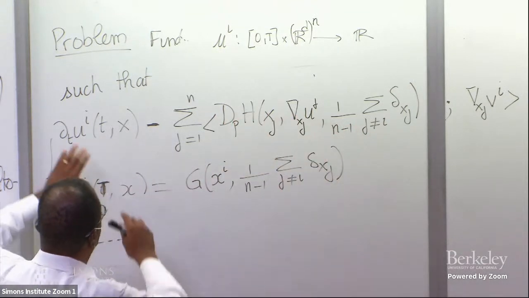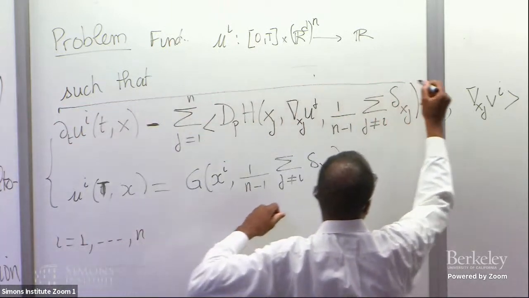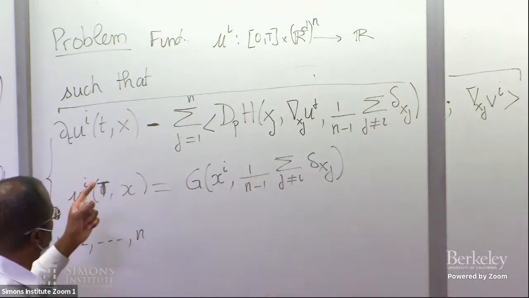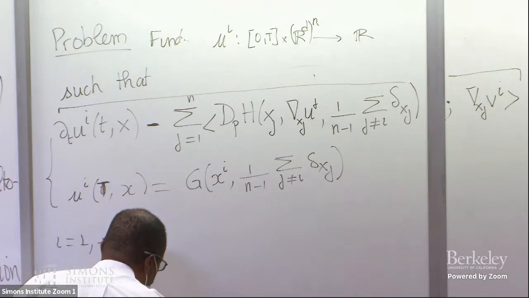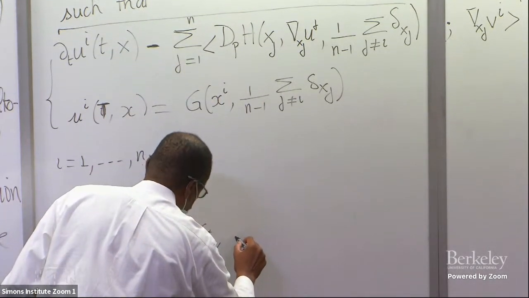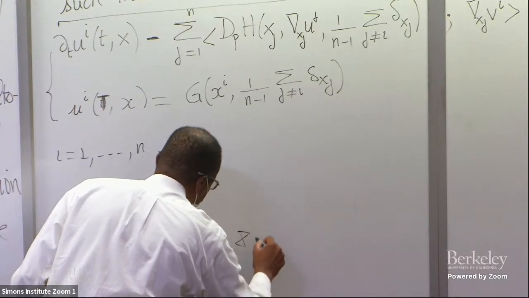And so this whole thing is a directional derivative. So you differentiate u_i of t with respect to a path s_i of t.